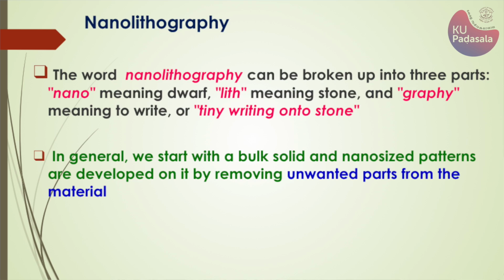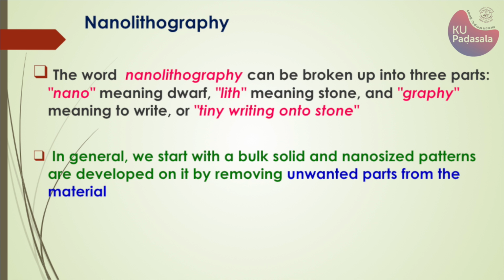Probably this is the last method we are discussing under the category of top-down approach. The word nanolithography can be broken up into three parts. The first part, nano, means dwarf or small particles, and the second one, lith, means stone, and the last term, graphy, means writing.